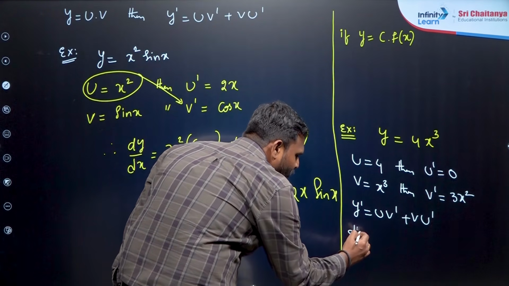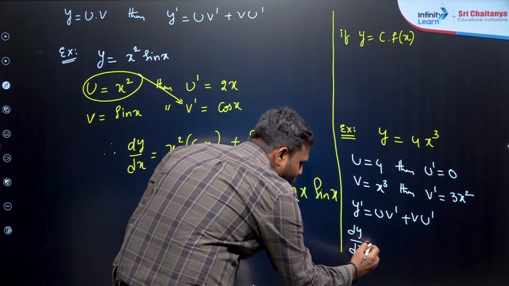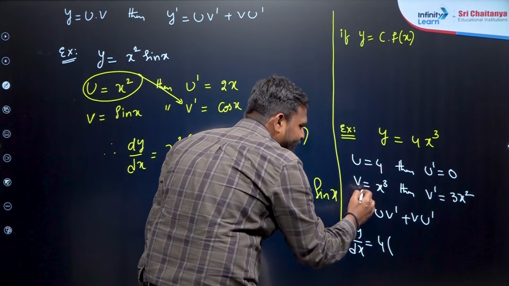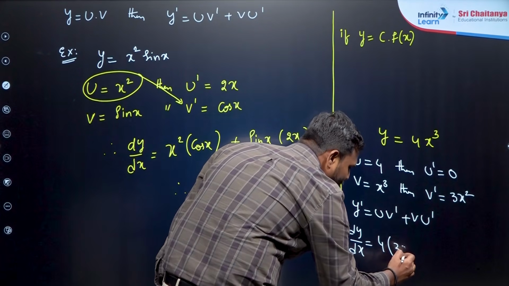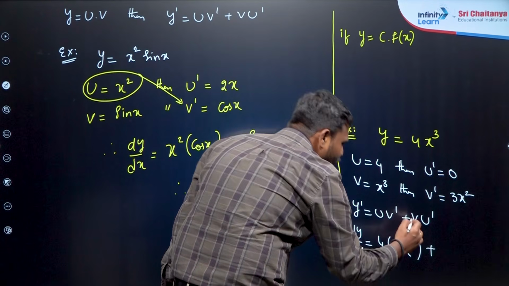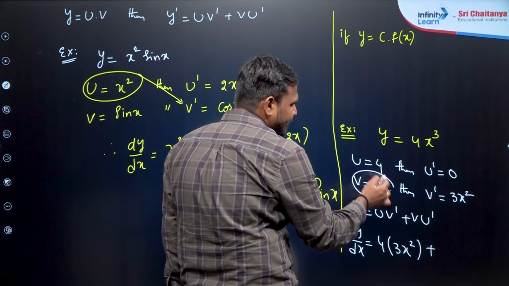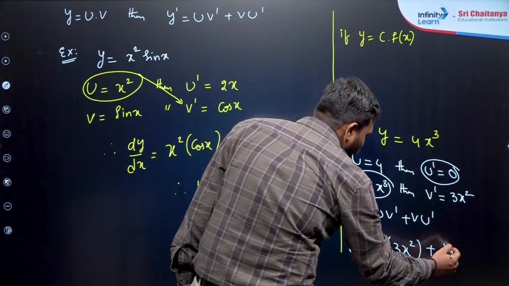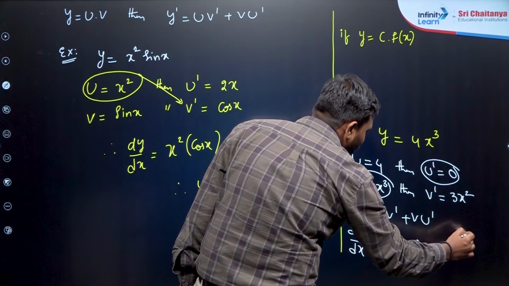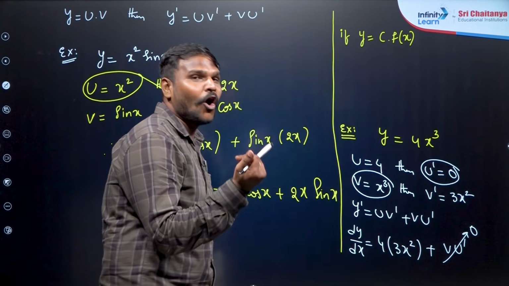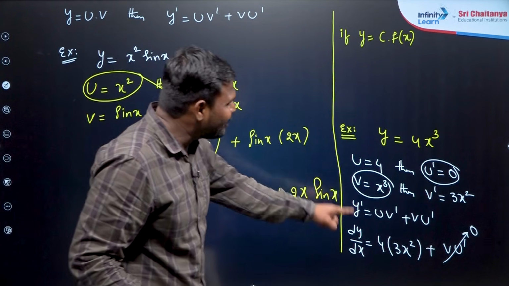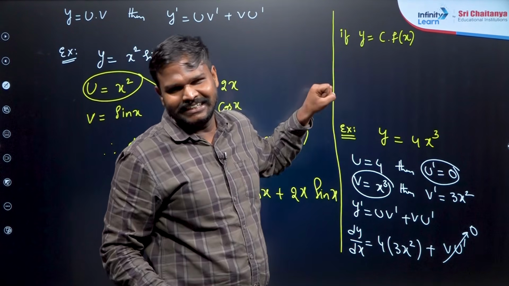So what is u? 4 into v dash, that is 3x square, plus v u dash. v is x cube and u dash is 0. So the v u dash term will become 0 always. When always? Whenever the first term is a constant.